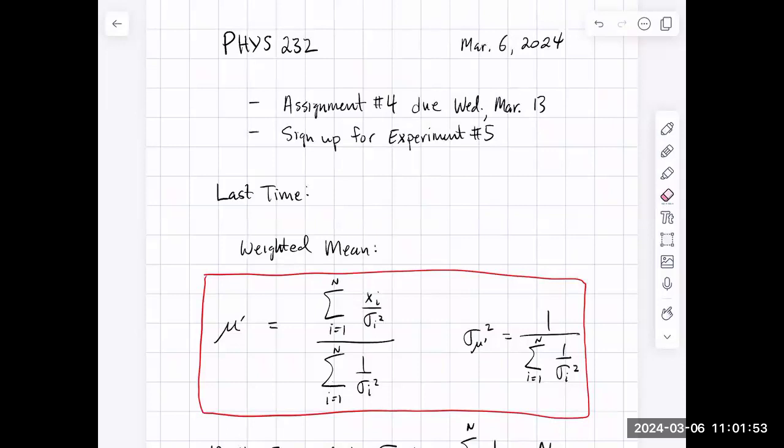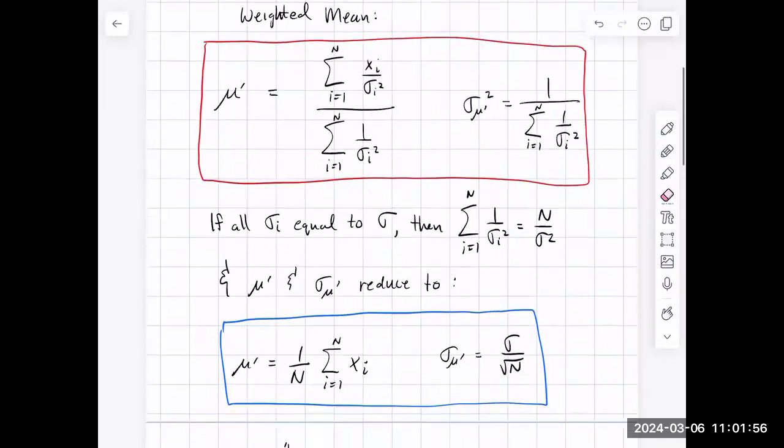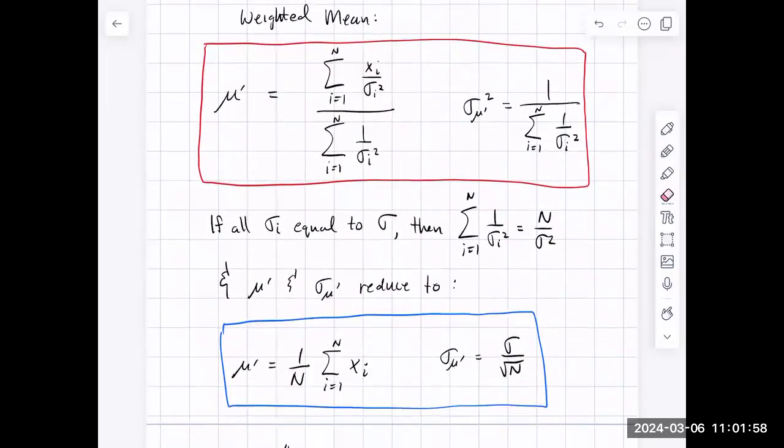We confirmed that if you consider the special case where all of the sigma i's are identical and equal to some constant sigma, then the sum that shows up in both the weighted mean and its uncertainty reduces to just n divided by sigma squared.